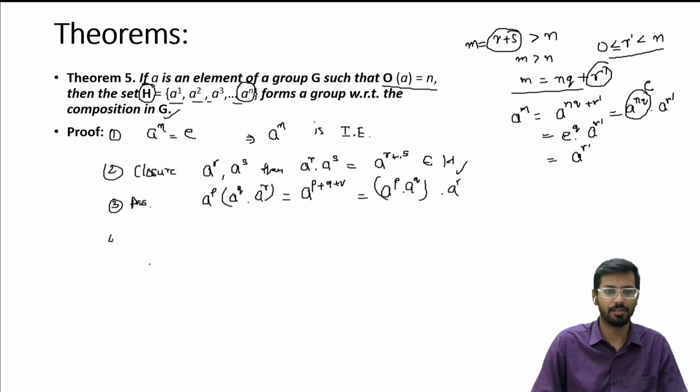Now the fourth property, that is the first, second, third, fourth property. Now we have to check the inverse element. For inverse element we know that a raised to n is the identity element.